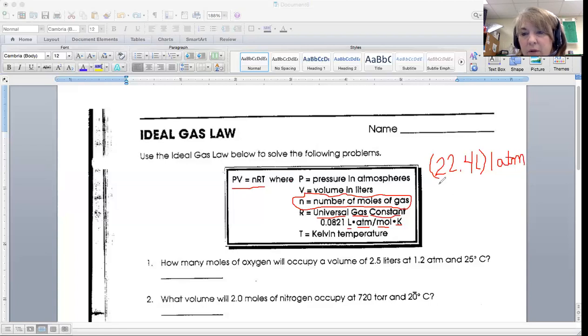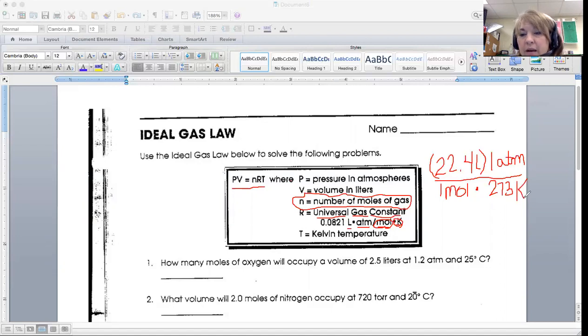Okay, so we're going to multiply those. And then on the bottom, you've got moles times Kelvin. So again, we're going to use the standard units for that. So 22.4 liters is equal to 1 mole. That is standard. And then the standard temperature is 0 degrees Celsius, but we always have to change it to Kelvin, so 273 Kelvin.